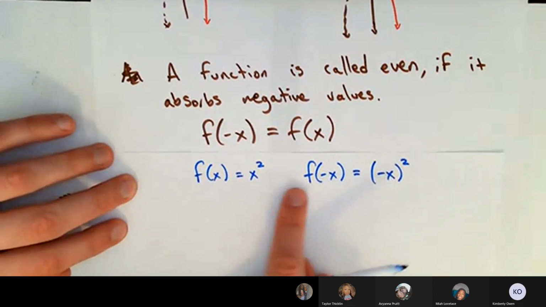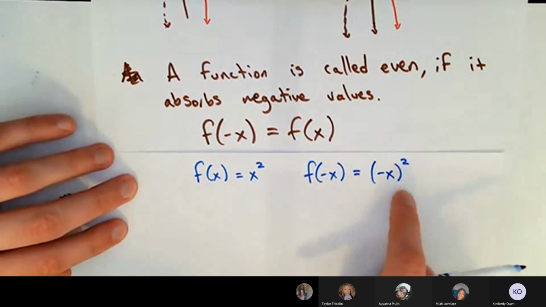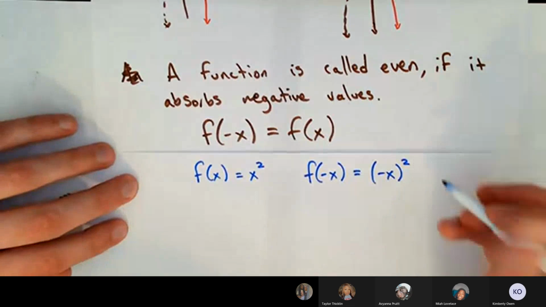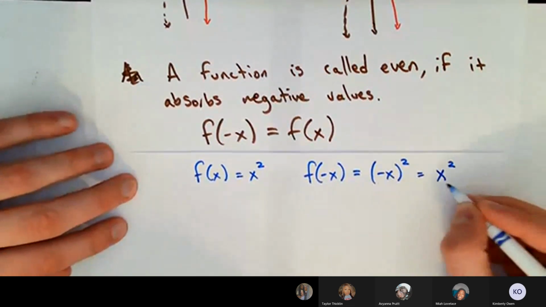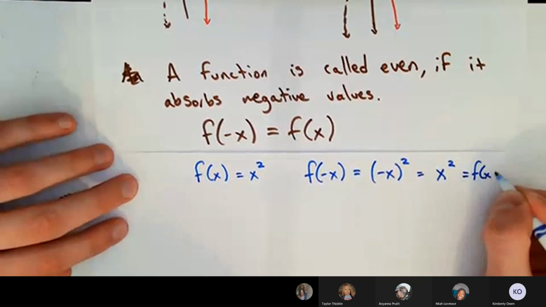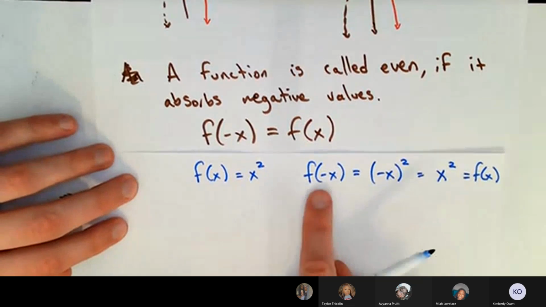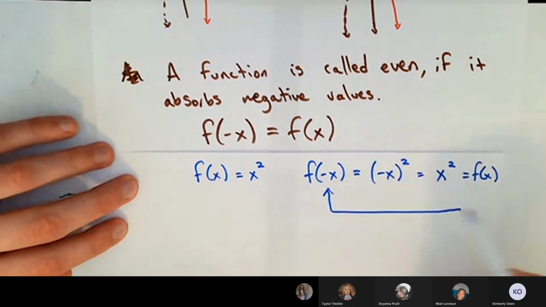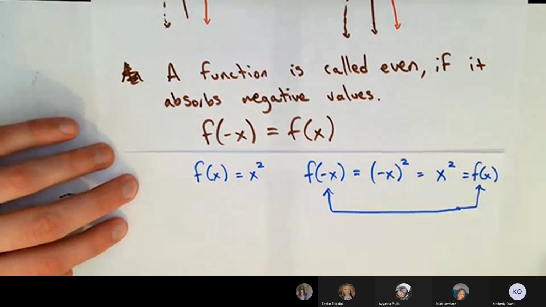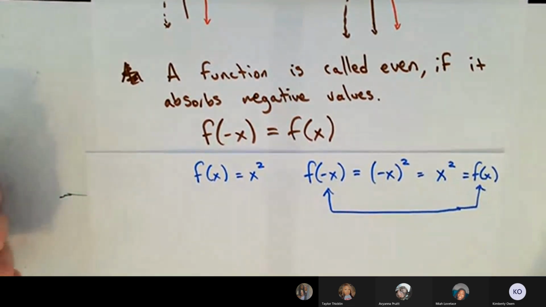Plugging a negative x in, making sure that I'm wrapping parentheses around it. But what is negative x times negative x? Well, that's just x squared. And that's just the original definition of the function. So what do I end up with? Stuffing a negative inside of it doesn't change the function. That's called an even function.